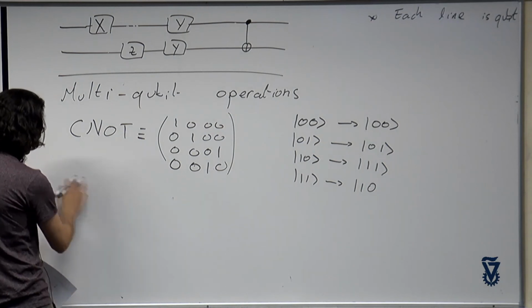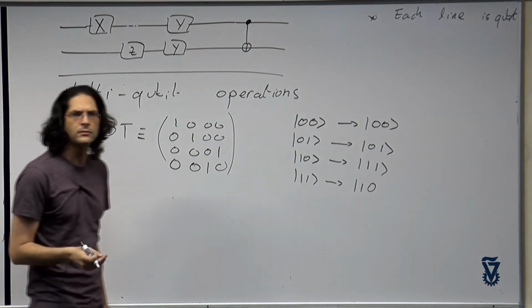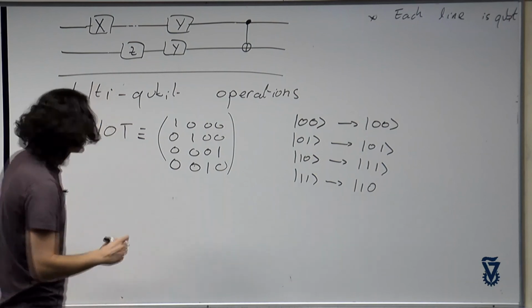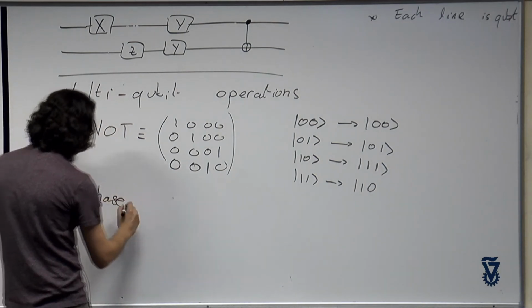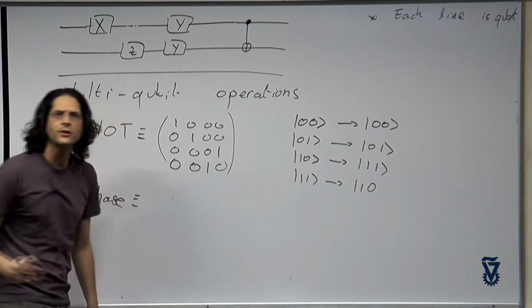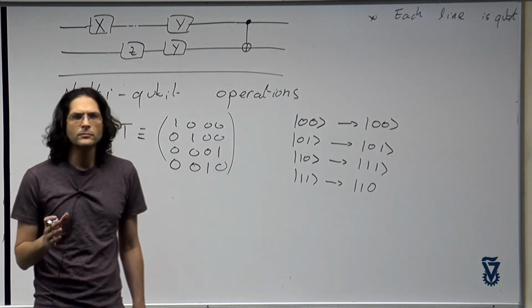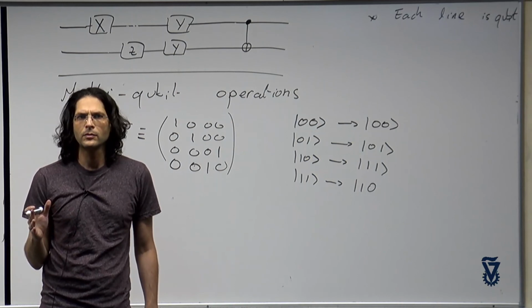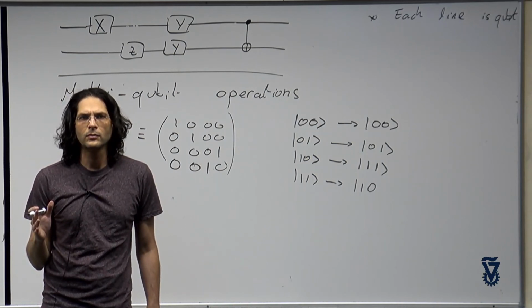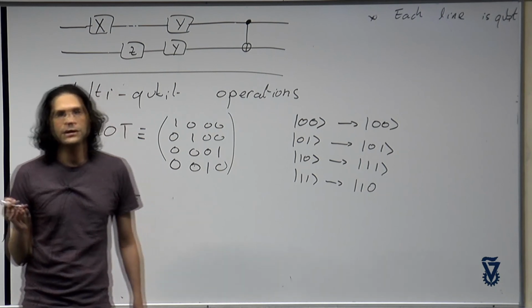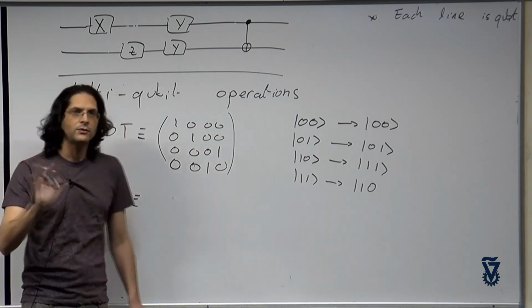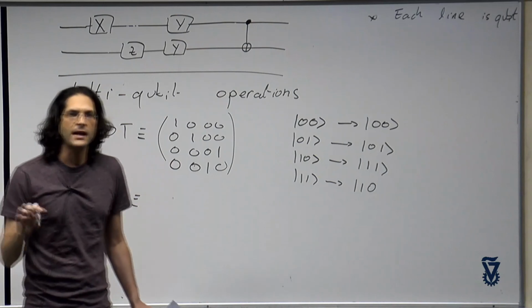The second common 2-qubit gate, does anyone know? It's a C phase, CZ. You can do a controlled NOT, but you can also do controlled anything else. There are many operations that in the end entangle.